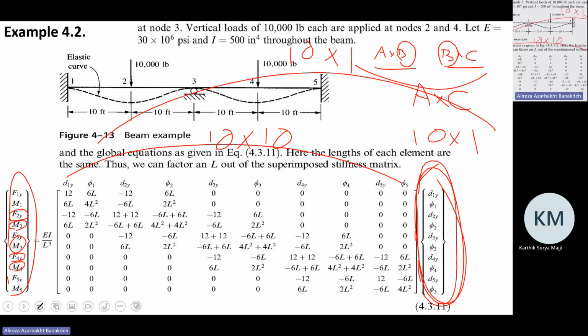The process is the same. You assemble your whole stiffness matrix, you deal with it, you come up with unknown deformations. Then with the unknown deformation in your hand, you can calculate whatever else you need, including support reactions, internal forces, or internal stresses, for example.